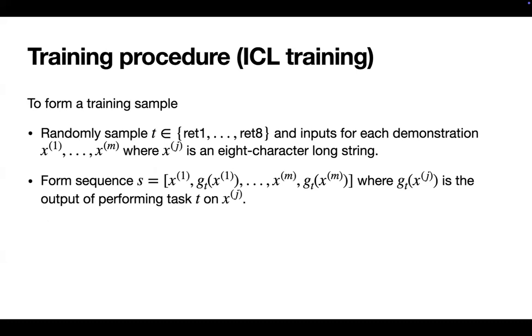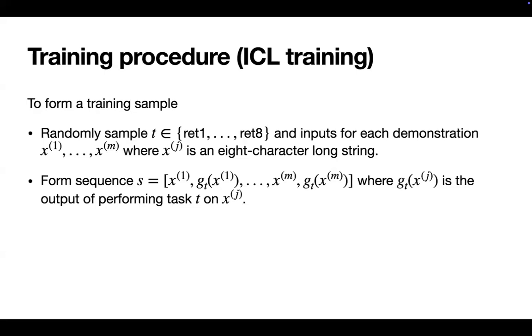And then we train the model using ICL training. So what does that mean? To form a training sample, we first randomly sample a task T from retrieval 1 to retrieval 8, and inputs for each demonstration x1 to xm.